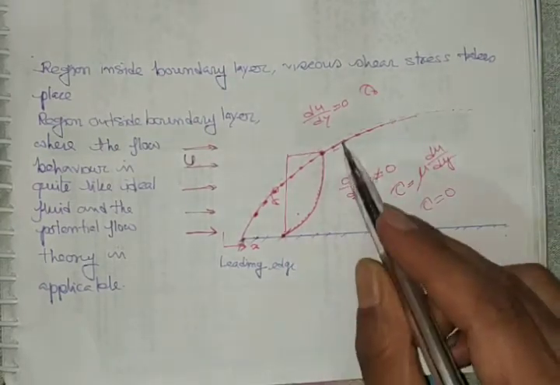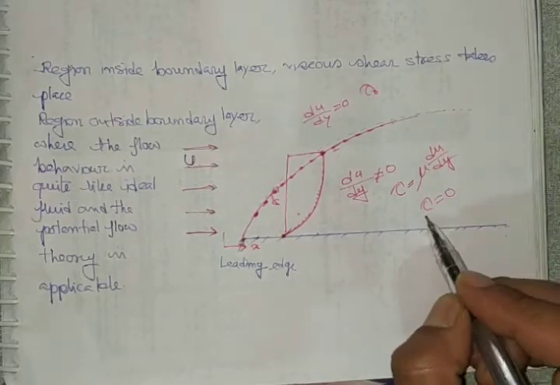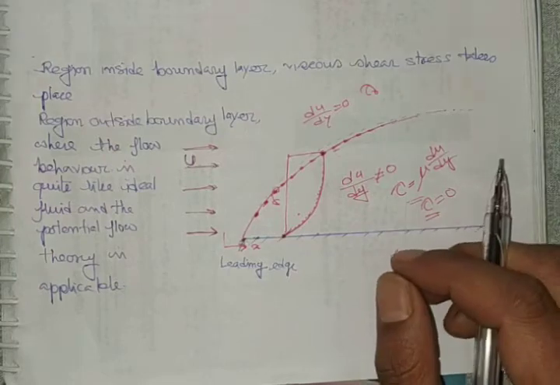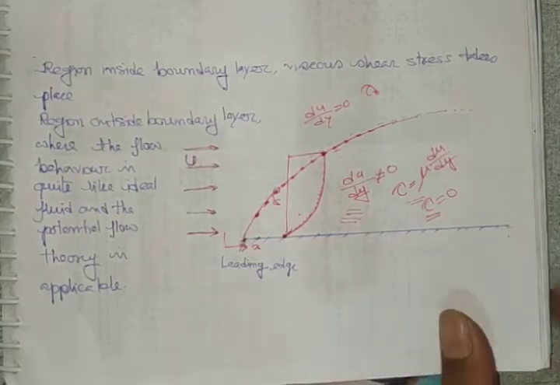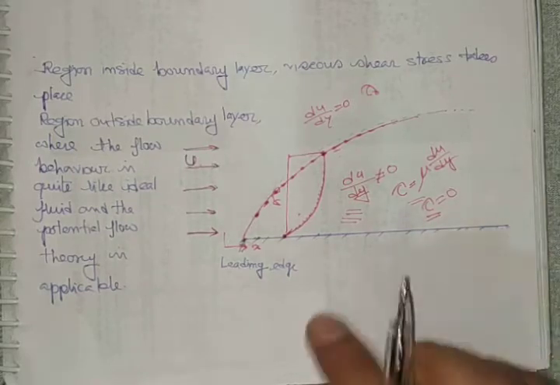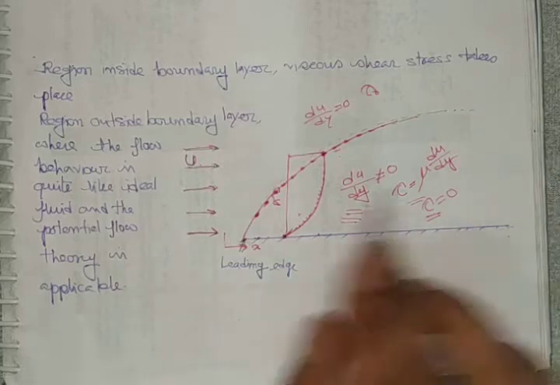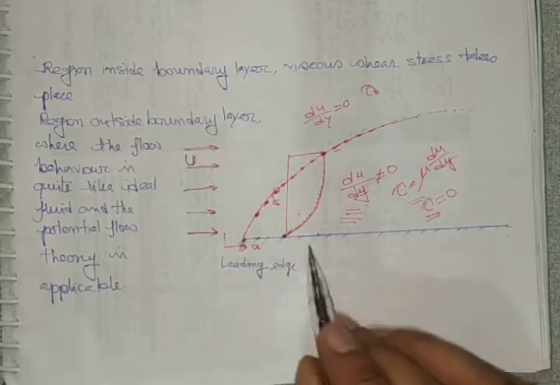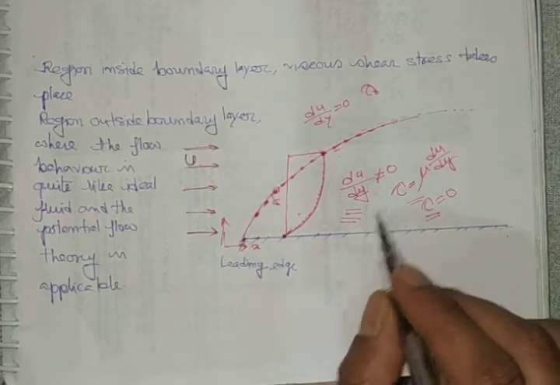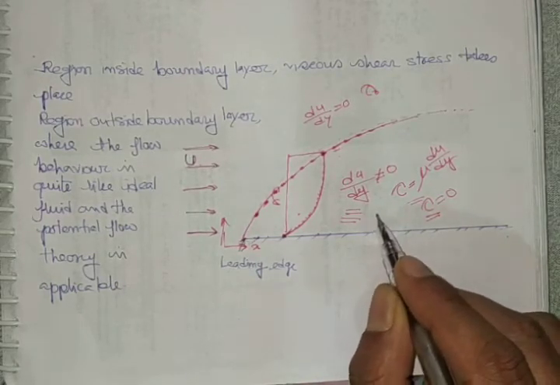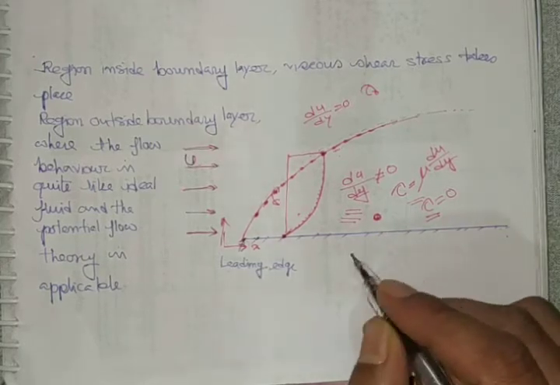So inside the boundary layer, you will get relative velocity between the layers. So when the layers are moving in the y direction, the molecules also rotate on their own axis.